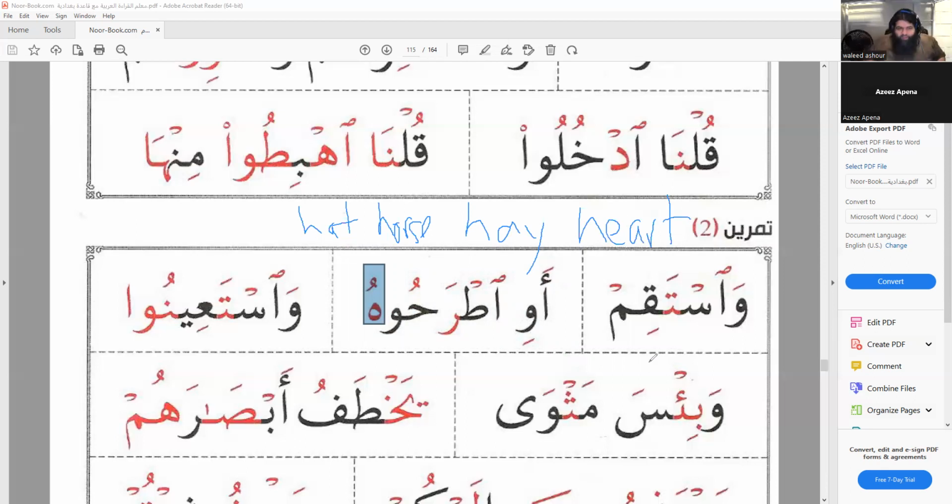Okay. So this letter here is the same as the hat in these English words.